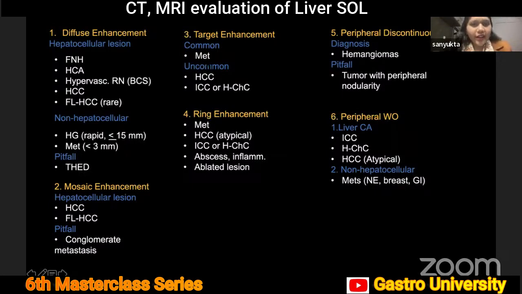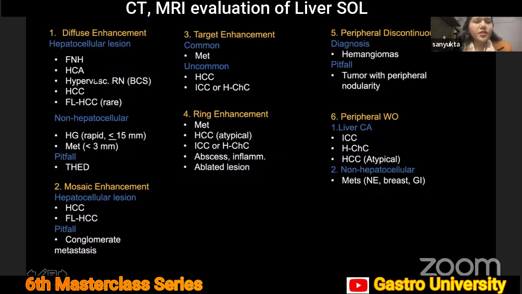Then we have target enhancement, which is usually a metastasis, and a mosaic enhancement, which is usually HCC or FLHCC. What we have to differentiate between are the hypervascular lesions on these triple phase MR and CTs.